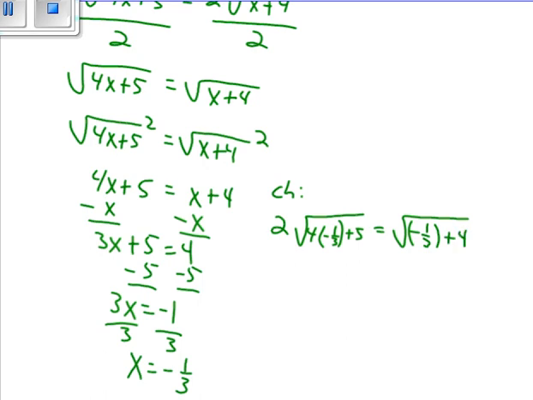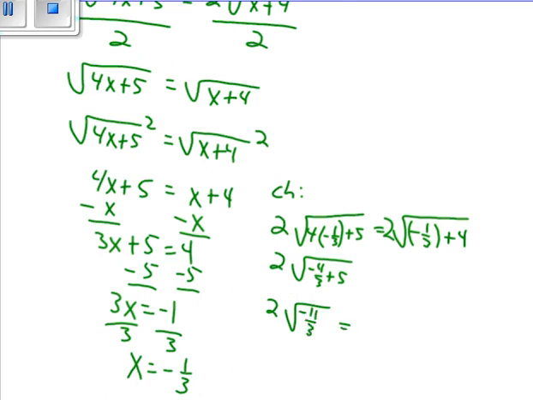And that's got a 2 also. So I've got 2 times negative 4/3 plus 5, so that's 15/3, so that's going to equal negative 2 times negative 11/3.